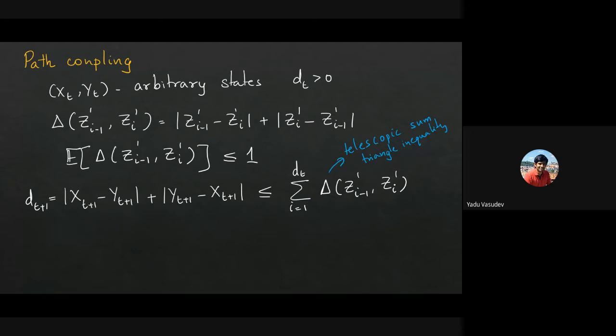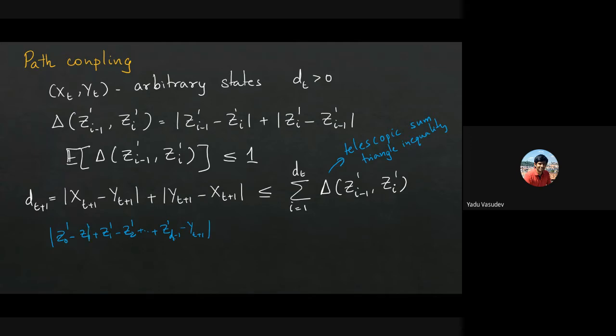You write xt plus 1, which is z0 prime, as this huge sequence: z0 prime minus z1 prime plus z1 prime minus z2 prime, and so on, till z dt minus 1 prime minus yt plus 1.